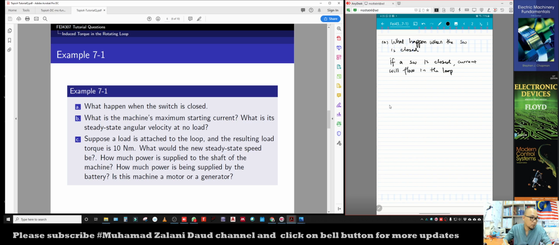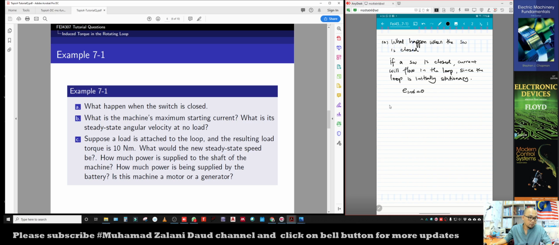Since the loop is initially stationary, at that time the induced voltage is basically still 0.